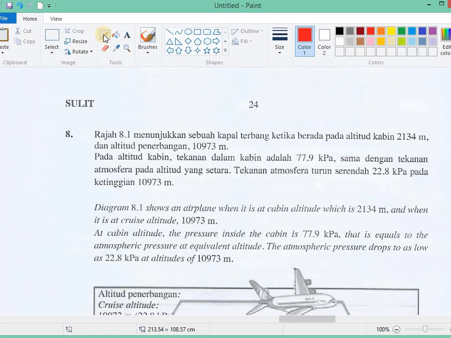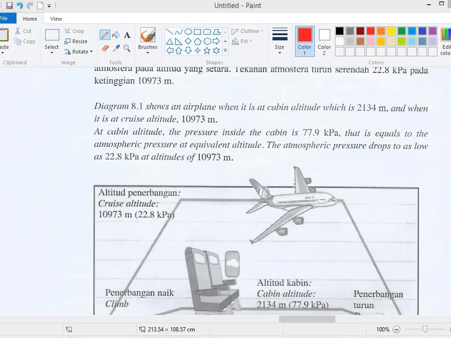Okay, diagram 8.1 shows an airplane when it is at cabin altitude, which is 2,134 meter, and when it is at cruise altitude, 10,973 meter.